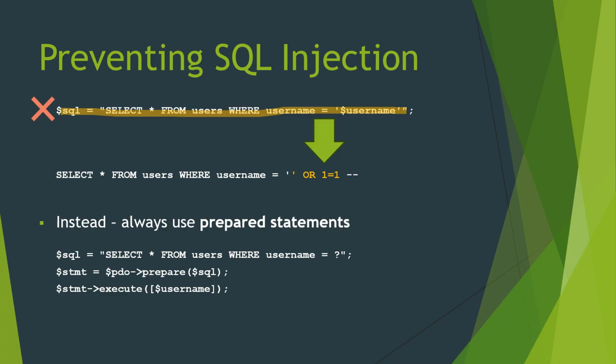Now, if an attacker enters a single quote, or 1 equals 1 as the username, in place of the username, then the query becomes this statement here. And since 1 equals 1 is always true, the attacker will be able to log in without a password, okay? So to fix this, we always use prepared statements.